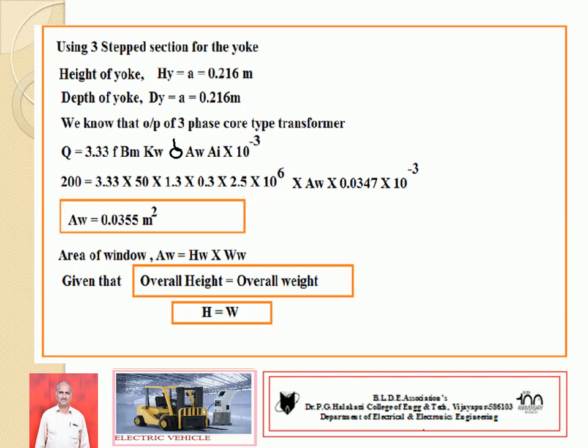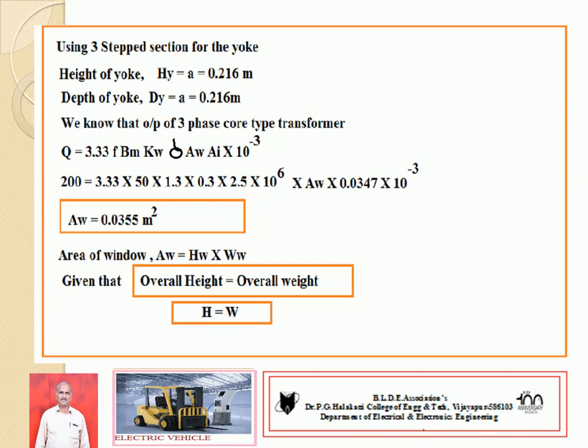It is available from the output expression. So Q equal to, write down for three-phase transformer and substitute all the values. 200 kVA is there, you substitute 200 only. Rest of all things substitute, keeping AW as it is.